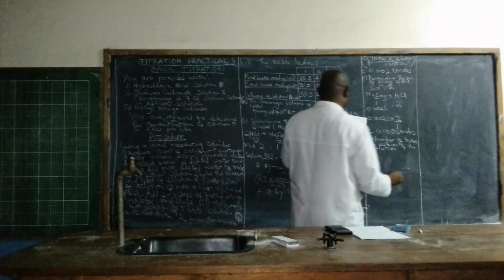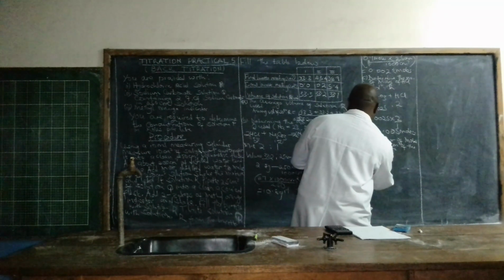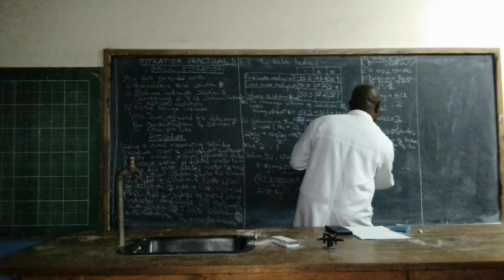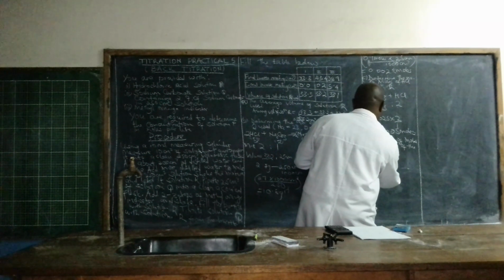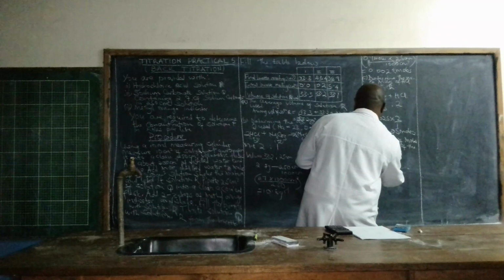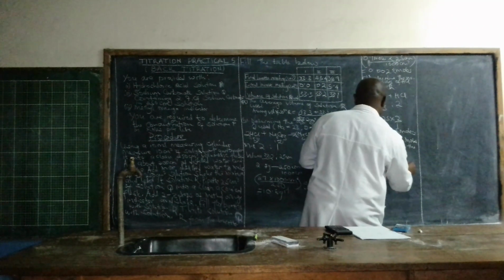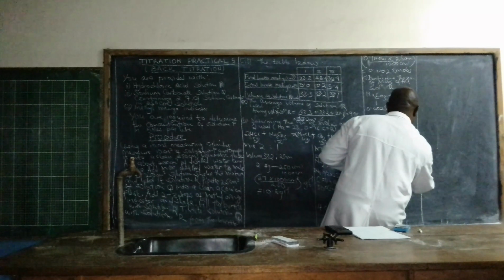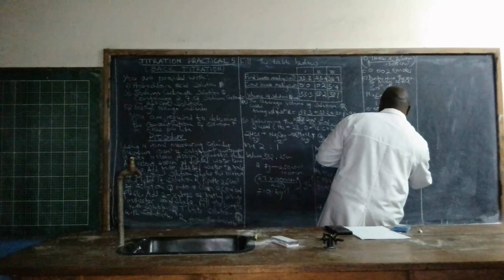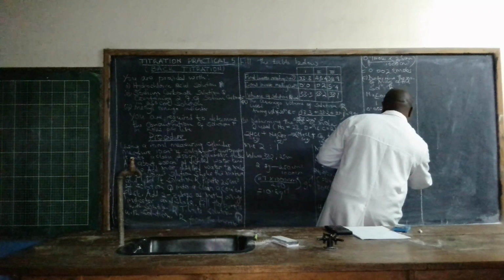So in this way, we are just going to write like this: 0.005 moles were in 33.2.